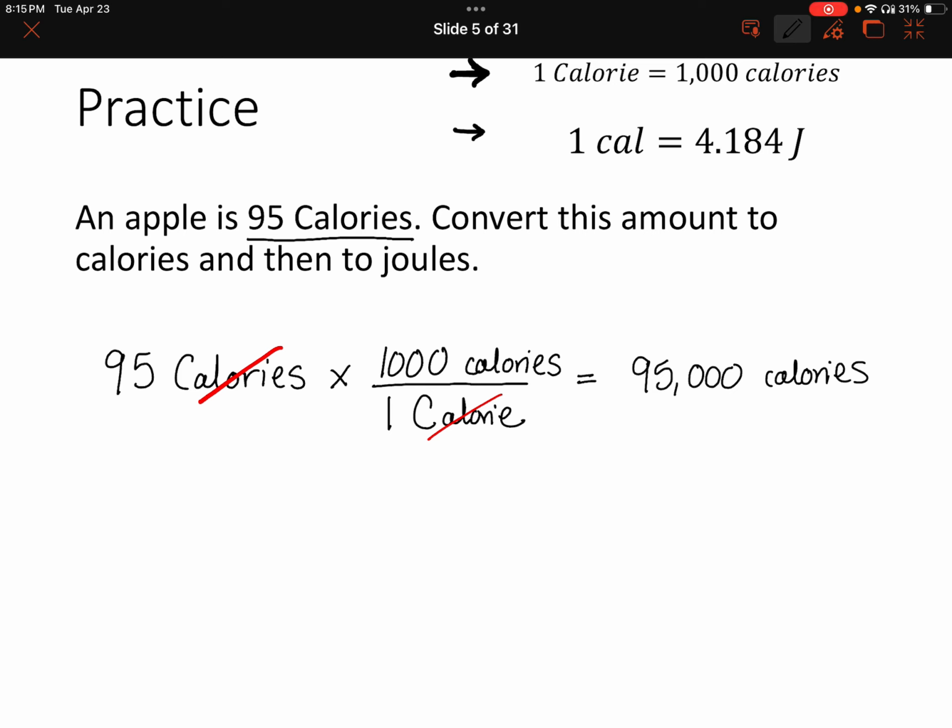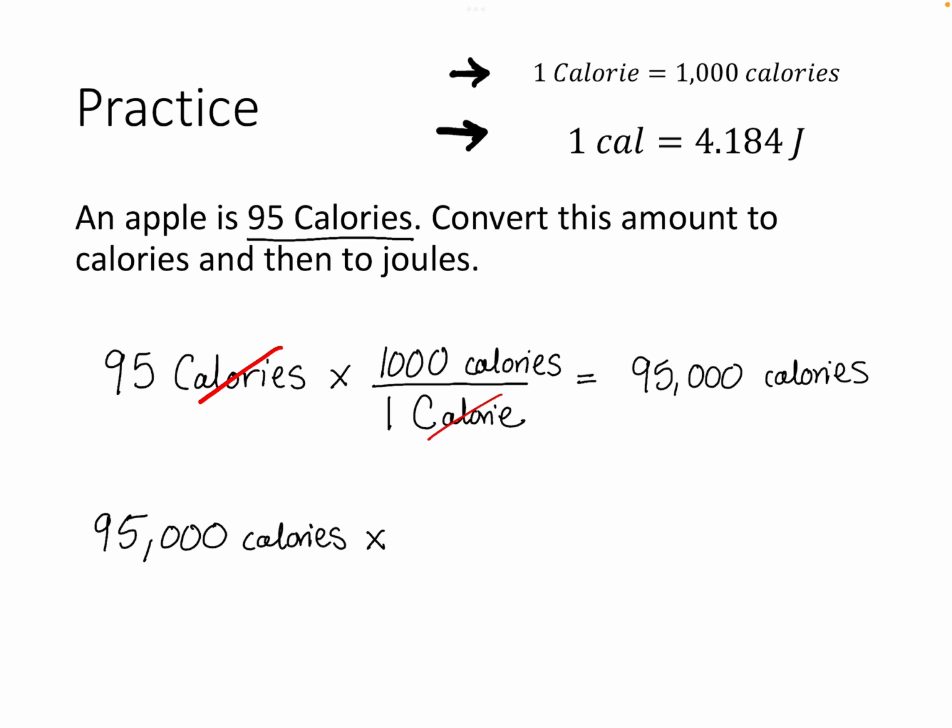Okay, so now in the next step, we want to convert that into joules. So I'm going to use the second equality, where 1 lowercase c calorie is equal to 4.184 joules.